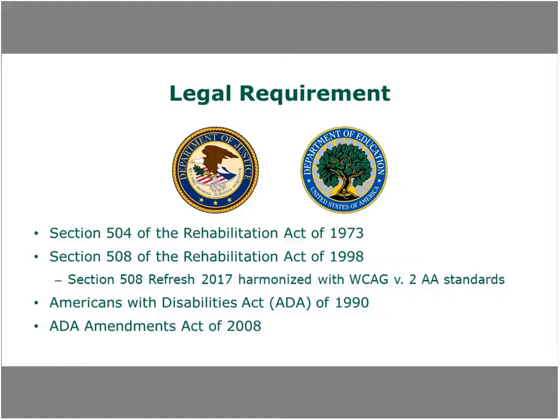Section 508, as you can see, came about much later than Section 504, and Section 508 deals specifically with electronic accessibility. It deals with the importance of making things accessible so that you're not discriminating against people with disabilities and keeping them from accessing electronic content.